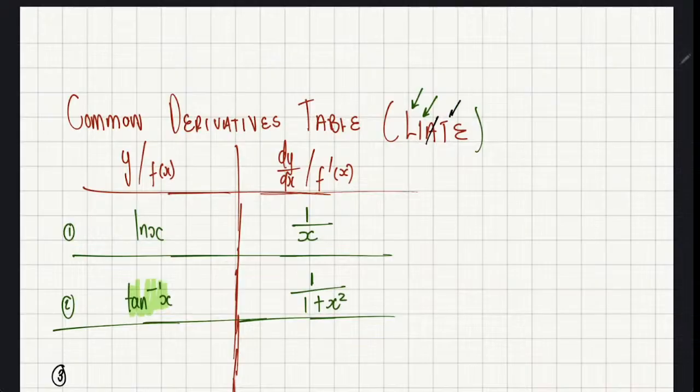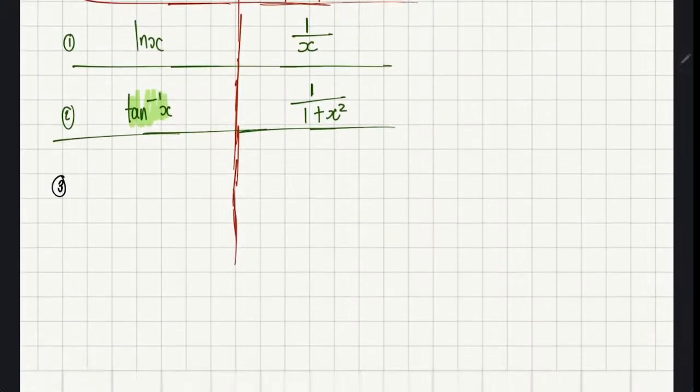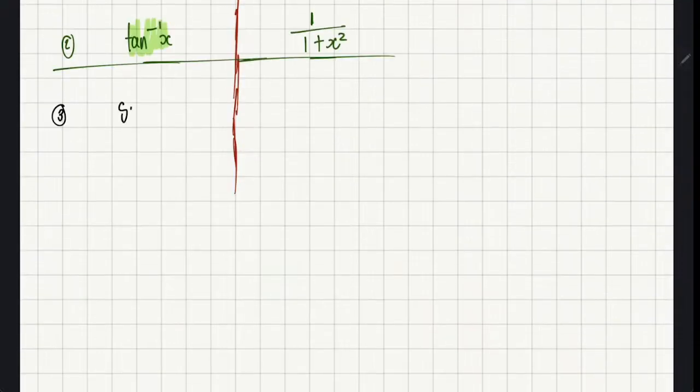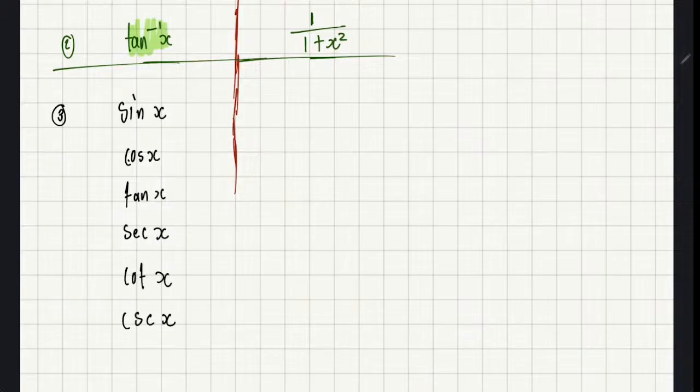So you need to put the six trig: sine x, cos x, tan x, sec x, cot x, and cosec x.